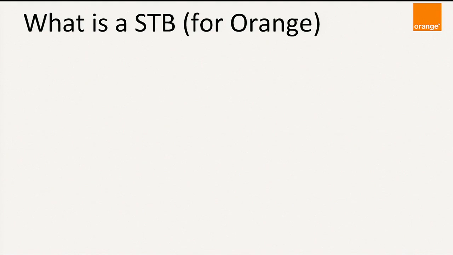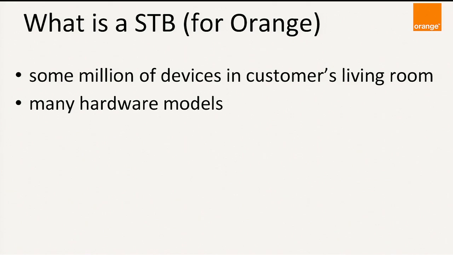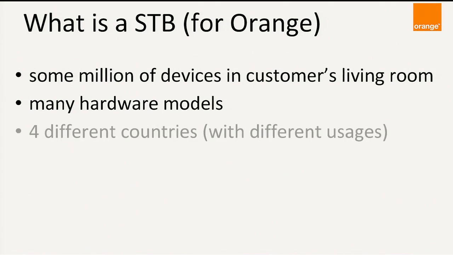Next, what's the STB for Orange? Orange has so many customers. These customers are in different countries. So for Orange, the STB is a device that is in the customer's living room, and there are some millions of devices widespread over different continents. There are also many different kinds of STB, so many kinds of devices, and also many different countries.